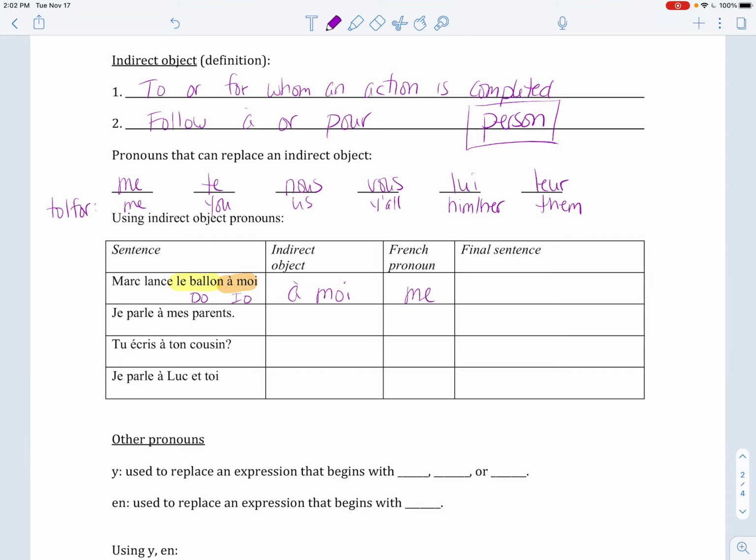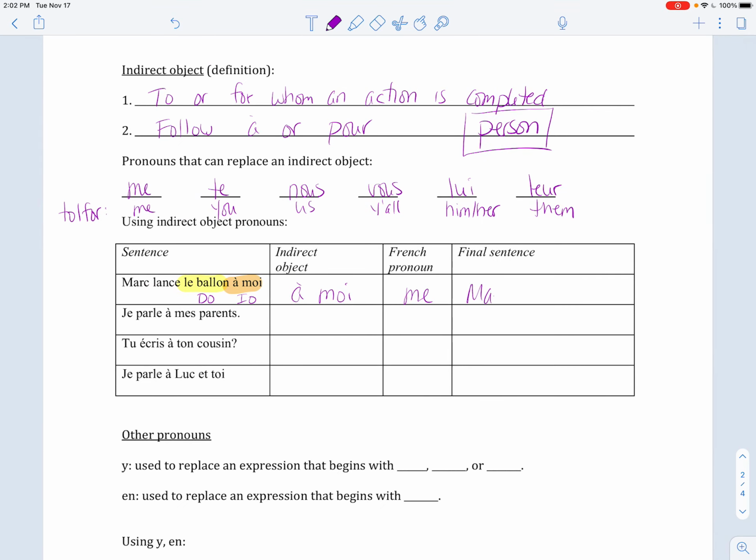Later on in this year, I think it comes up in chapter 6, we'll worry about replacing two nouns at the same time with two pronouns. But one step at a time right now. We're still going to put an indirect object in between the subject and the verb, just like we did with a direct object. So we have Marc me lance, and we're going to leave le ballon in there for now. So Marc me lance le ballon. Marc throws the ball to me.